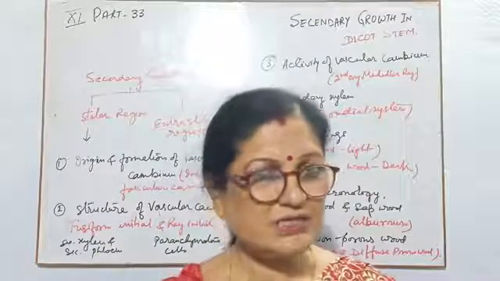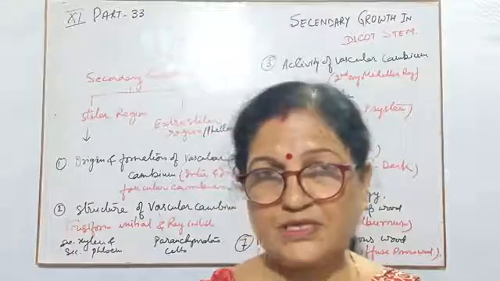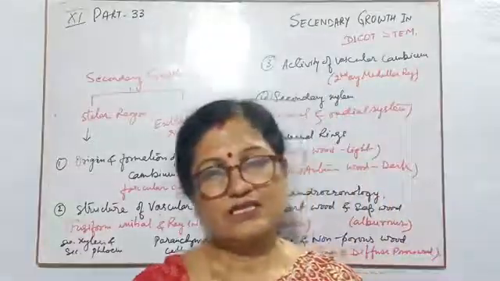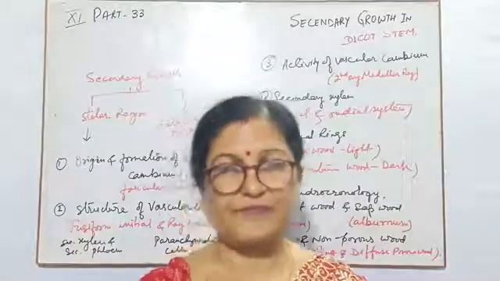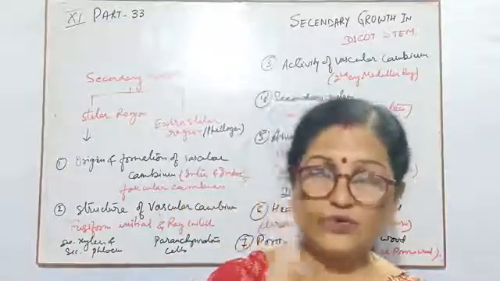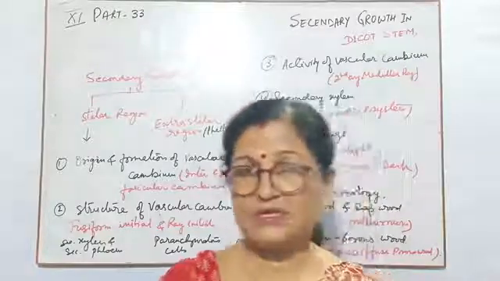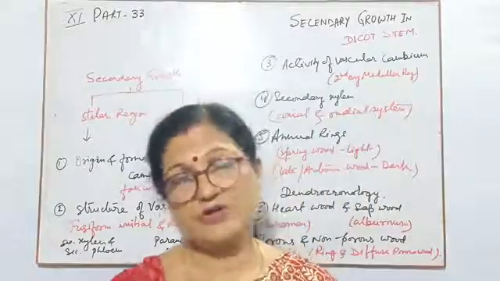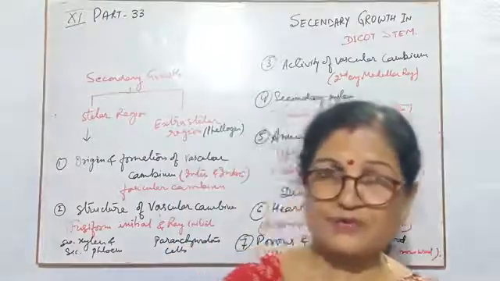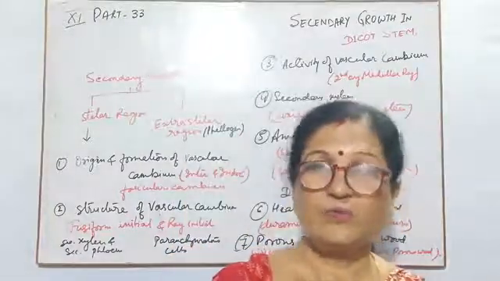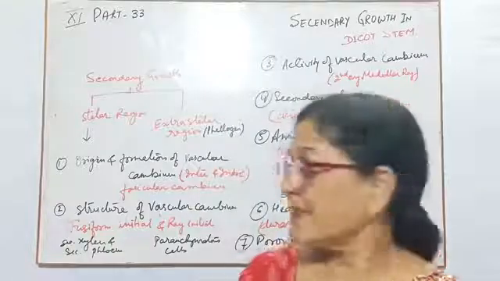And where there is no growth of cambium cells, it remains only xylem and phloem, so they are known as closed vascular bundles. Mainly monocots have closed vascular bundles, and dicots, because they have secondary growth, have to produce new cambium cells, so they have open vascular bundles.